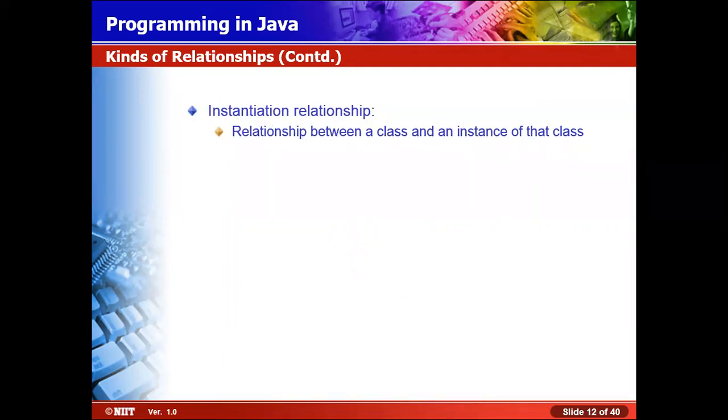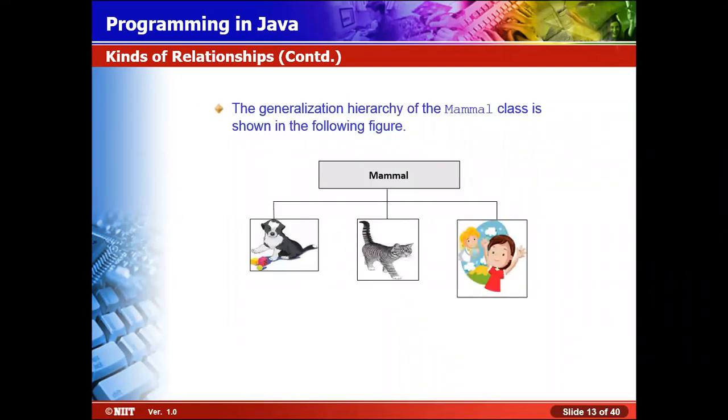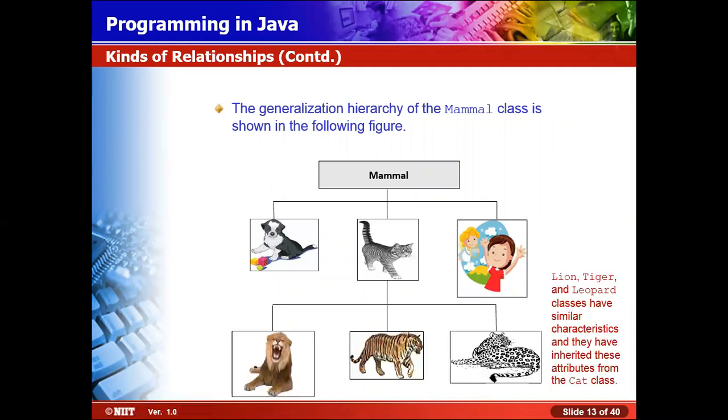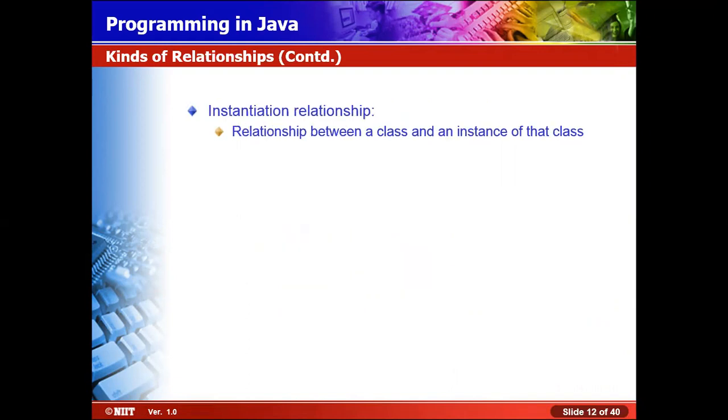Like in a mammal class, this dog, this cat and human are called instances of the class. Okay, so these are all relationships between the classes.